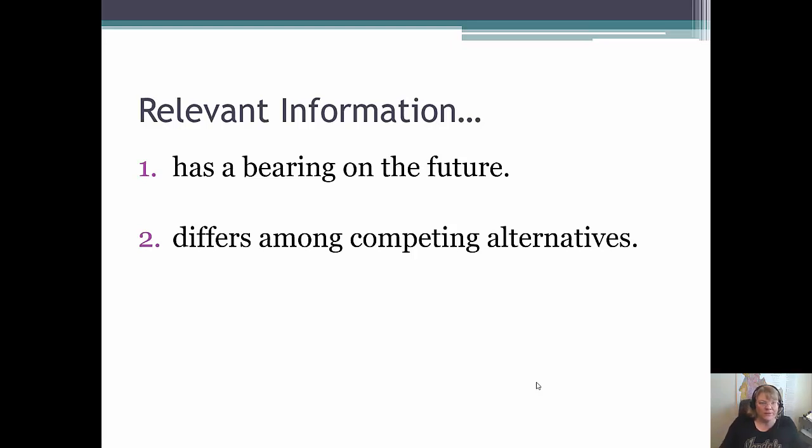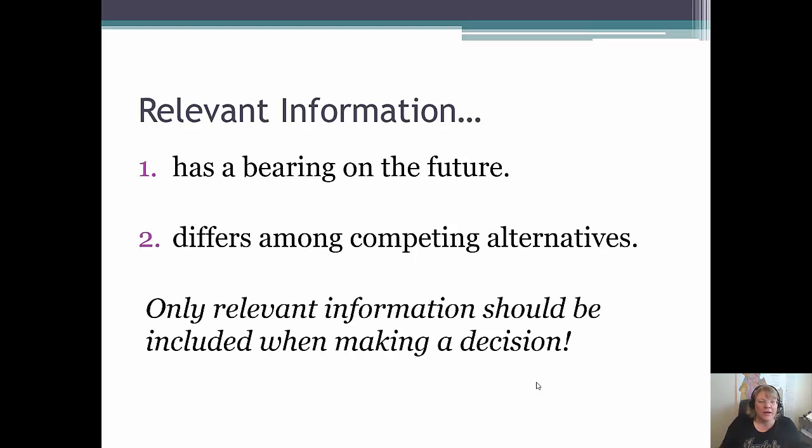So this is relevant information, and only relevant information should be included when making a decision. Again, sunk costs are not relevant because you can't do anything about those. Those are done, they're sunk, and you can't get that money back. And remember that we all look at the sunk costs, and we shouldn't.